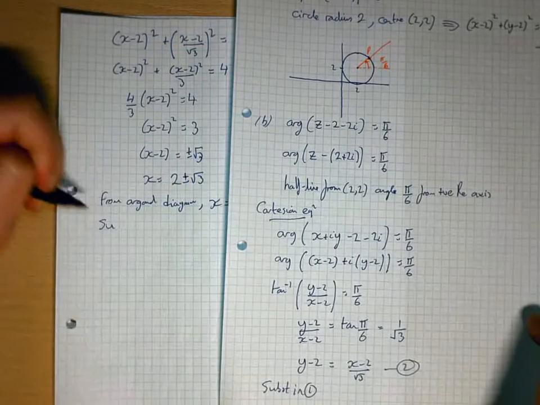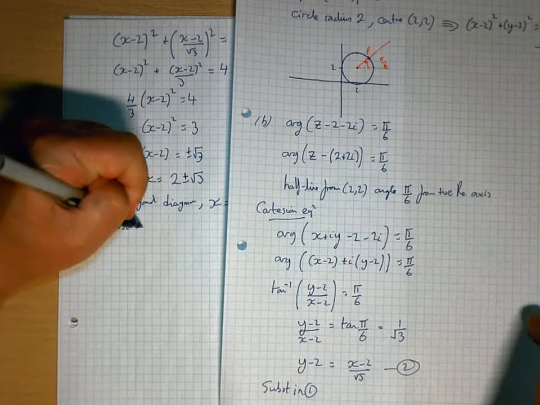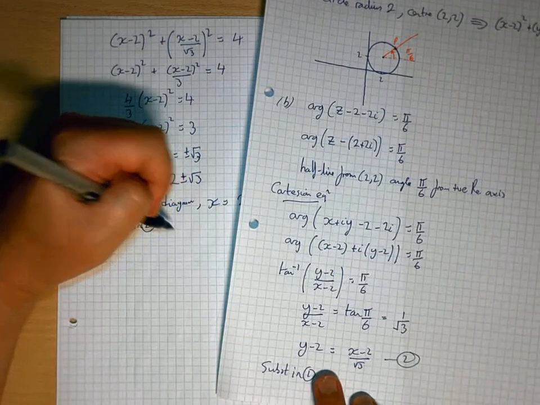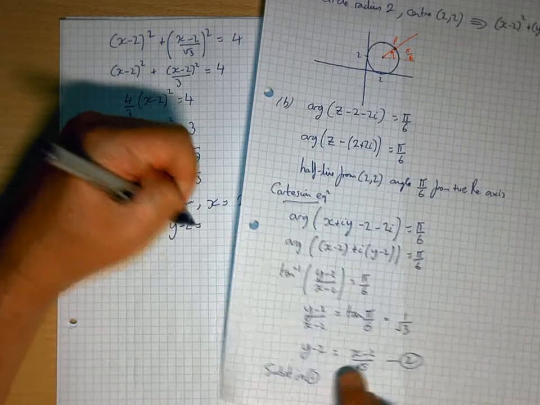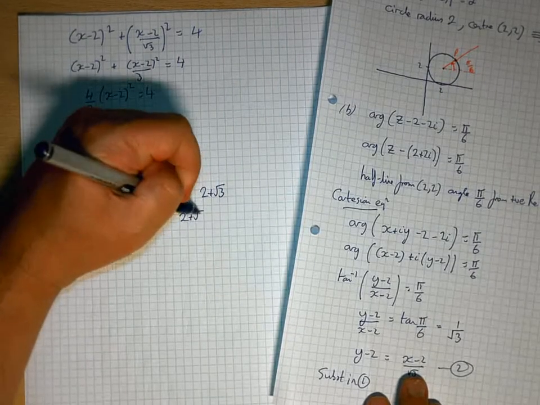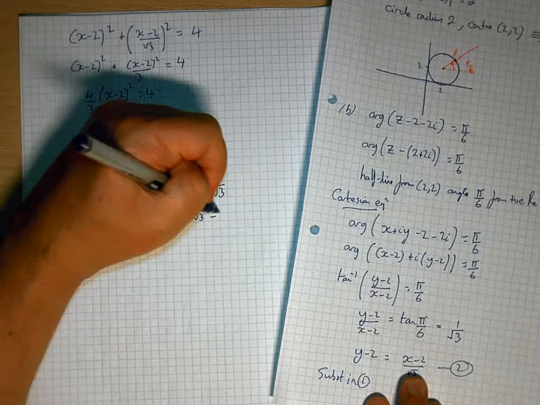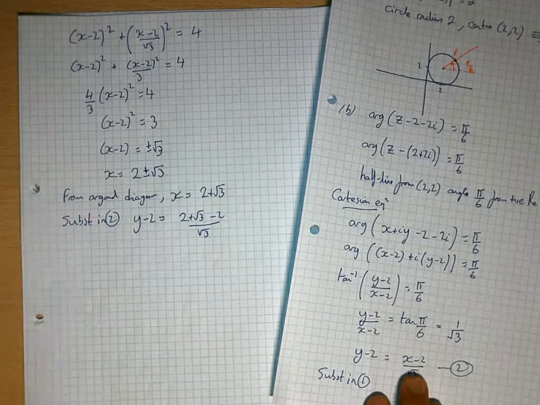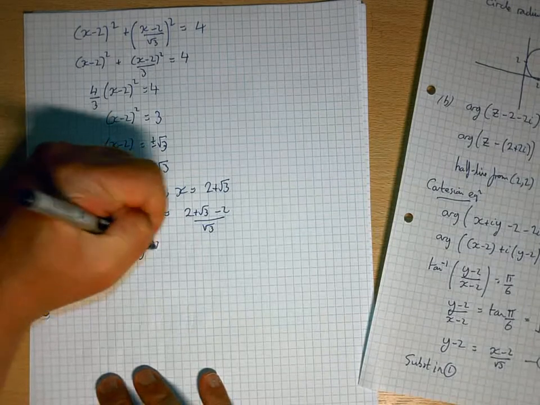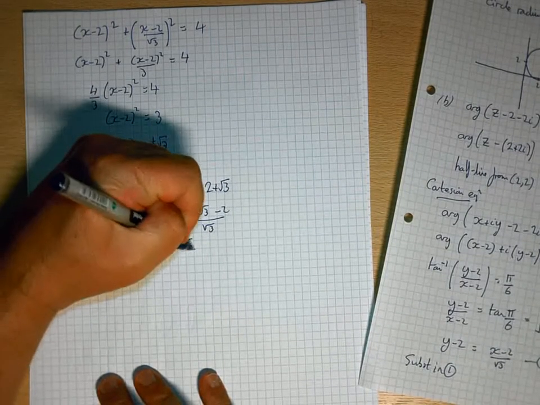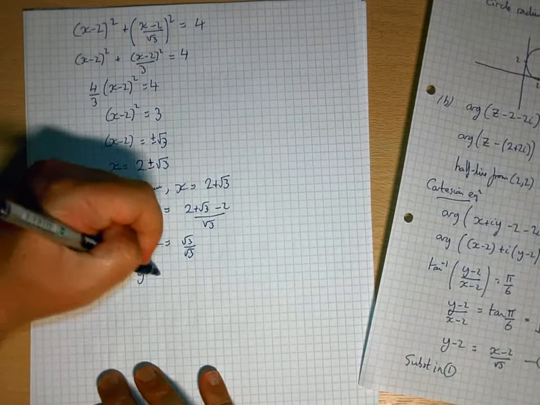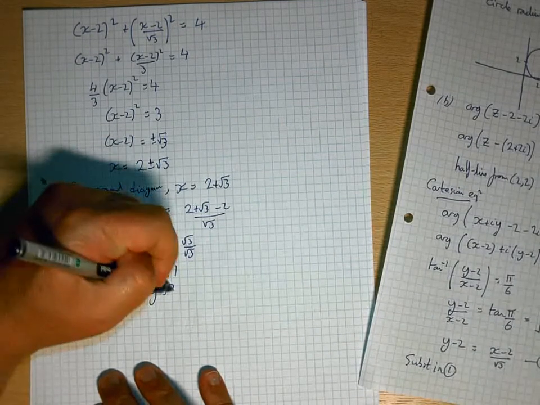So sub in x, and I get y minus 2 equals x minus 2, that's x take 2, all over root 3. 2's cancel, so I get y minus 2 is root 3 over root 3, so y minus 2 is 1, so y equals 3.